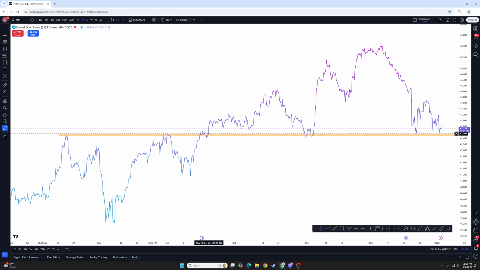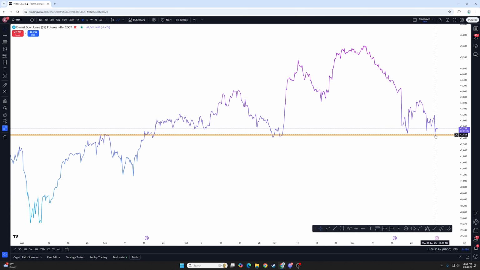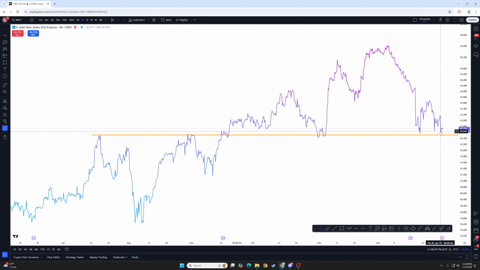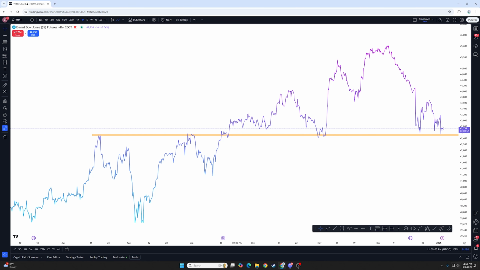We used that as some support around here, and then used it again as support around here. And this is literally yesterday, well, today, still Thursday, it's about to be Friday. And Happy New Year, guys, by the way. So that's a key level to me, an important level there.